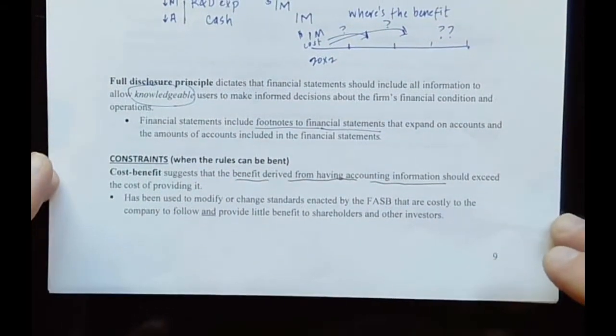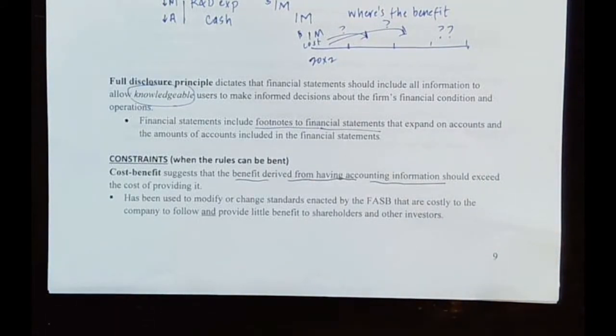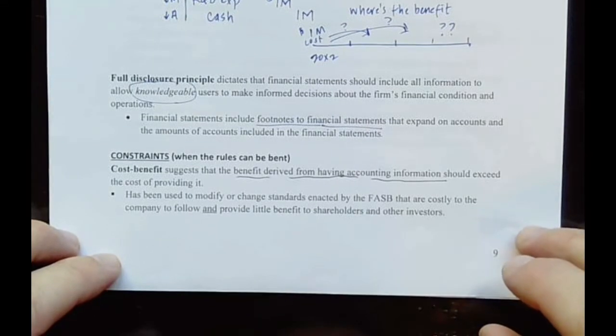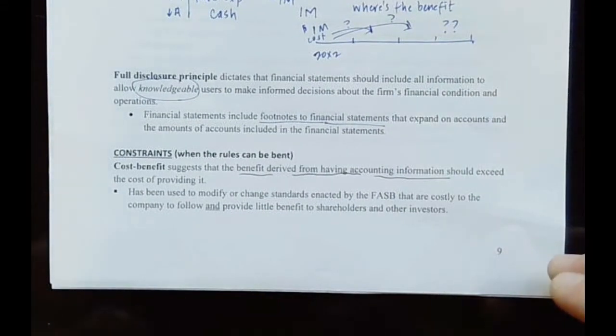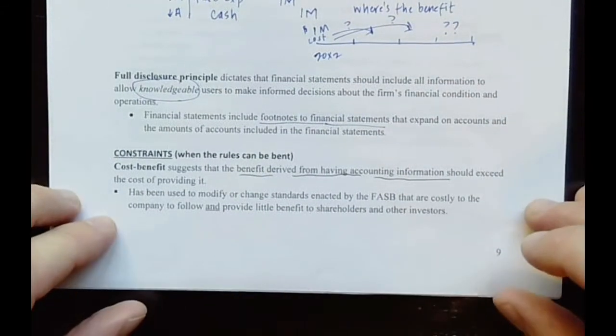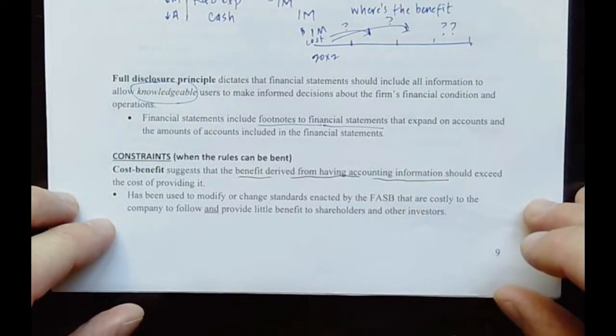And I've seen the FASB issue a standard and then back off certain parts of that standard because they get the overwhelming feedback that this is simply too costly. So this is one that I do mention sometimes as we're going through the material. And like I said, it's been used to modify or change some standards that the FASB has put out.